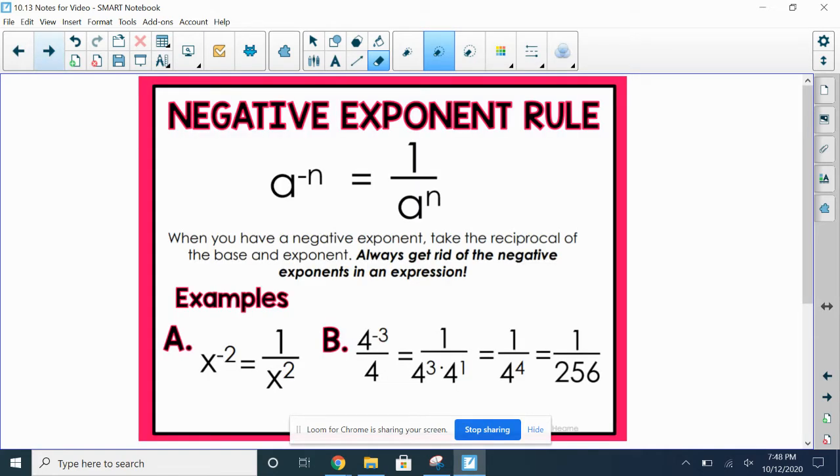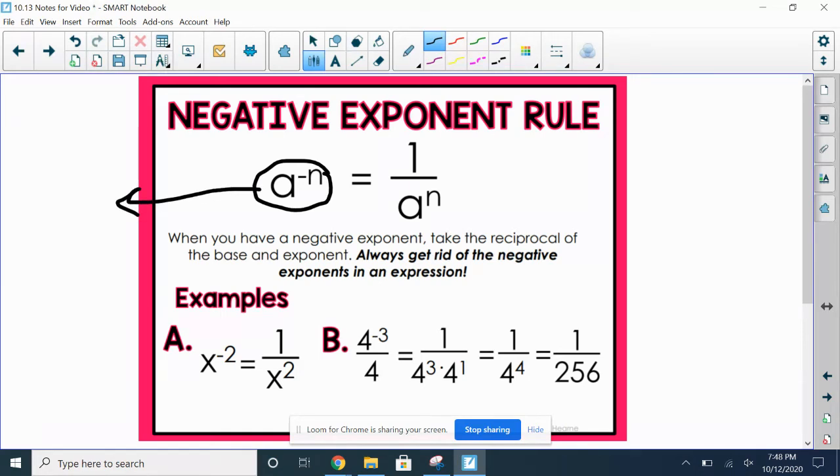If you look, they give us a to the power of negative n. When you have a negative exponent, you have to take the reciprocal of the base and the exponent. Always get rid of the negative exponents in an expression. So how is this done? We have a to the power of negative n.